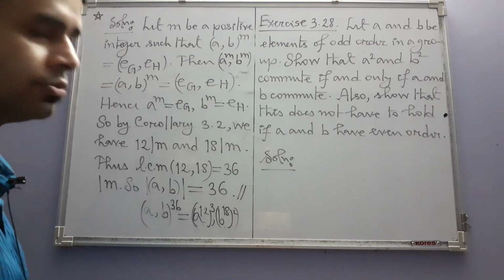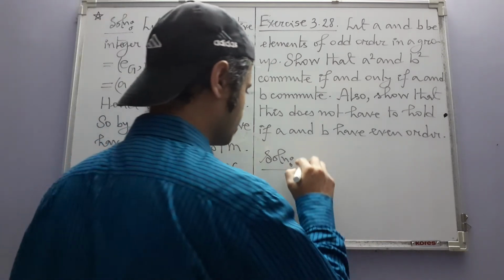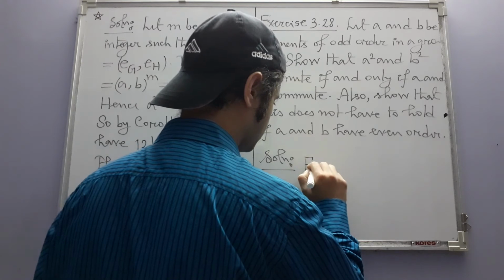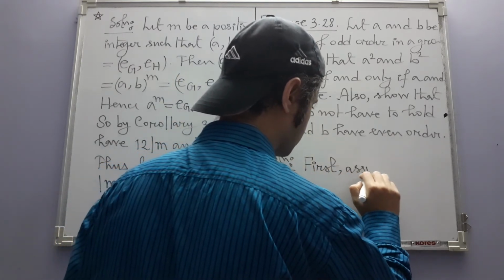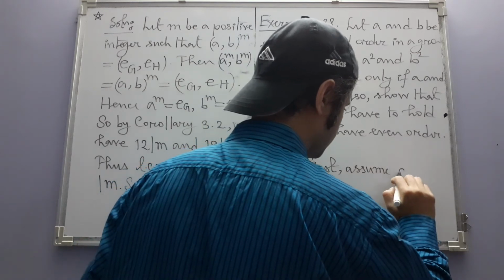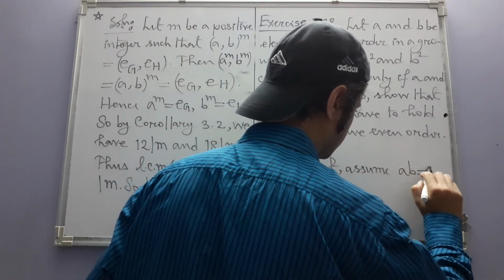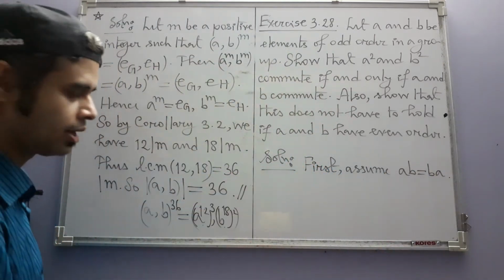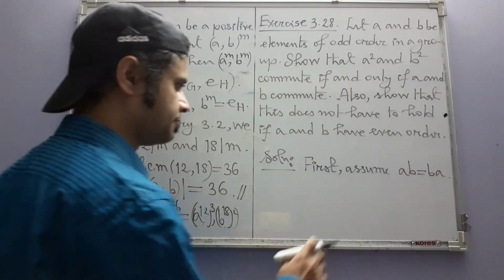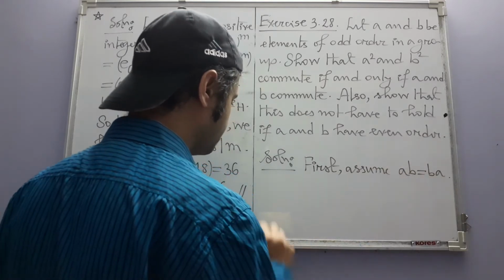Let us first prove this. First, assume that A and B commute. Instead of writing that in words, we can write what that actually means, that AB is equal to BA.